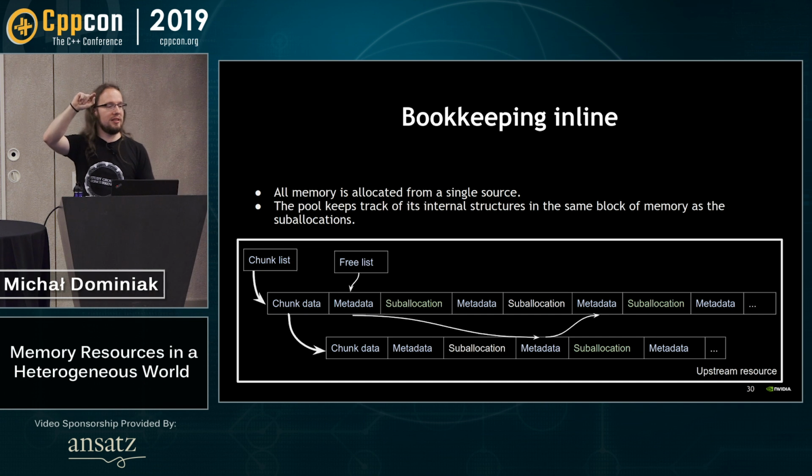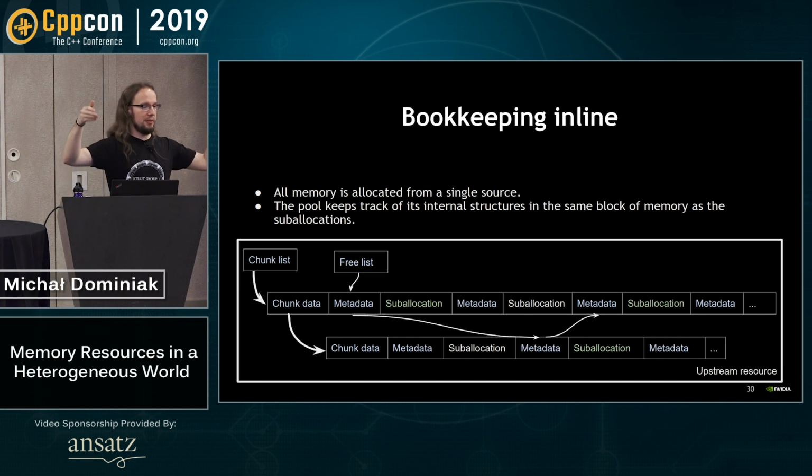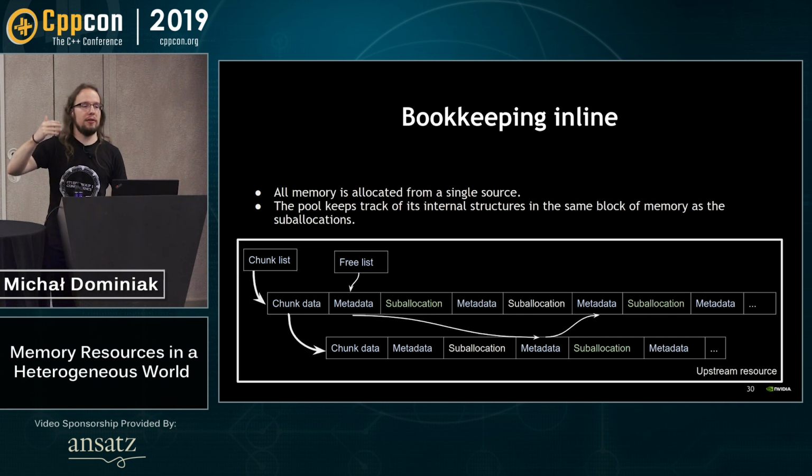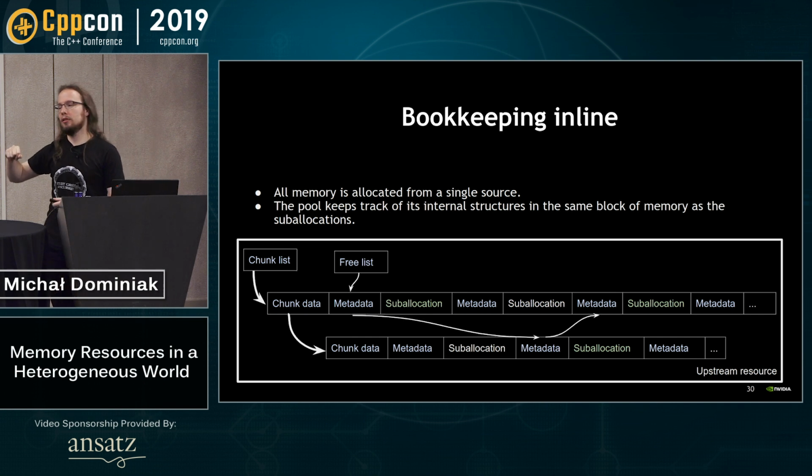You're going to have the list of the big blobs of memory that you've allocated from the upstream, because eventually you have to give it back when you die or when somebody tells you to. And then you have a list of free allocations that exist inside your pool of memory. And you give those out.